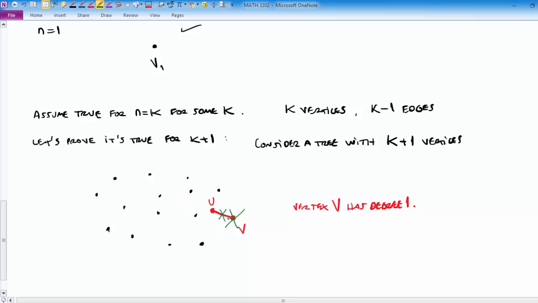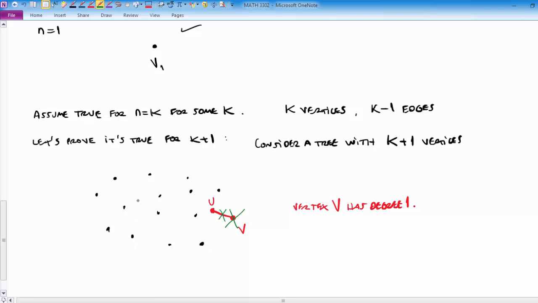Since we deleted one vertex and one edge, we did not create any cycle. When you delete an edge, you're not creating any cycle. And also, the graph is still connected. We didn't destroy the connectivity because we only deleted this last vertex and its edge, so there are no paths that were broken. So what is left is a tree.